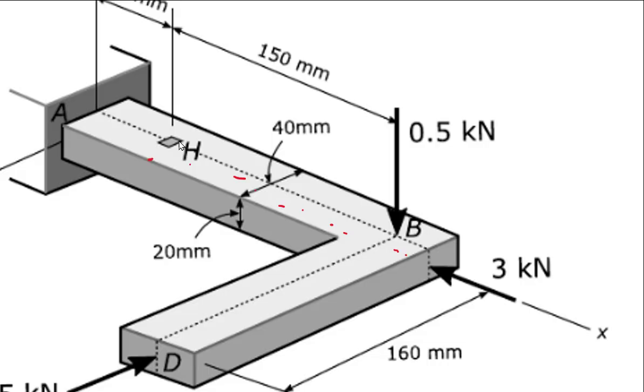So I'm going to make a section here, right? If I want to bring that 3 kilonewton here, I can do this straightforwardly without any change to the loading situation.